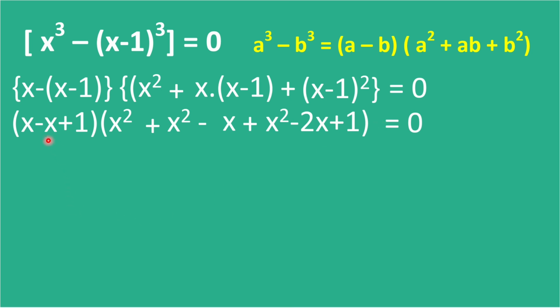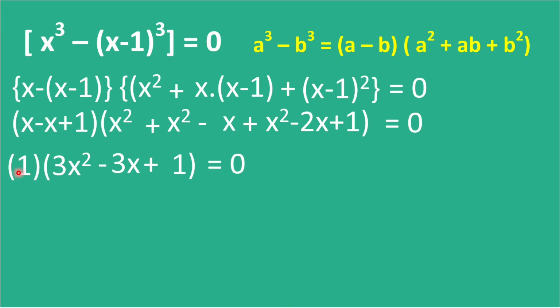Now this minus x cancels this x, so this becomes 1. Here x² plus x² plus x² equals 3x², and similarly −x − 2x becomes −3x, and plus 1, equal to 0.